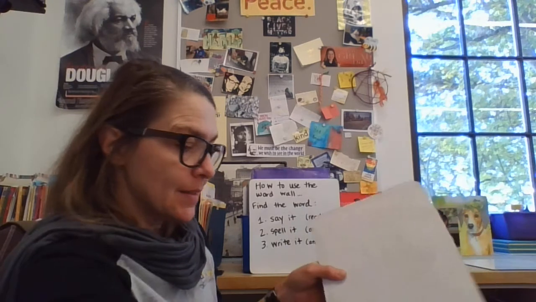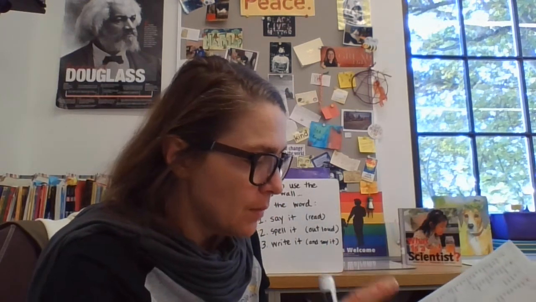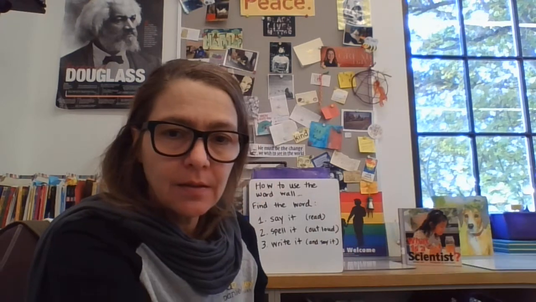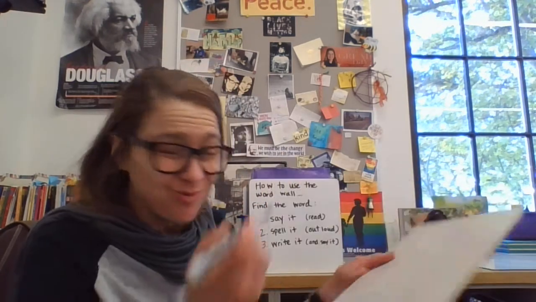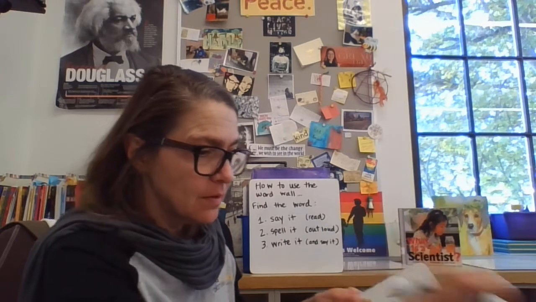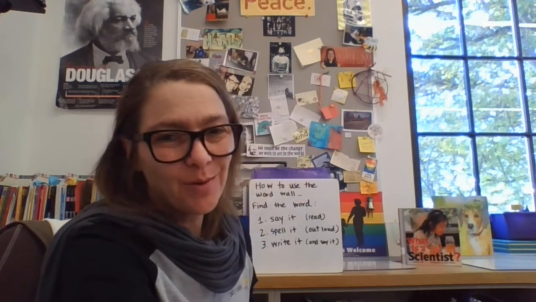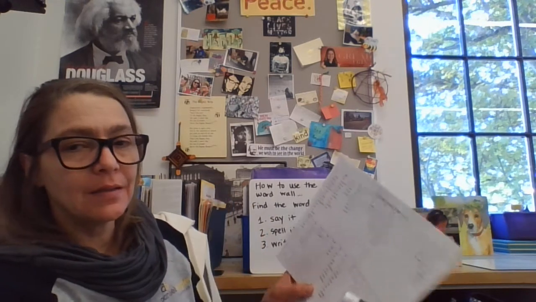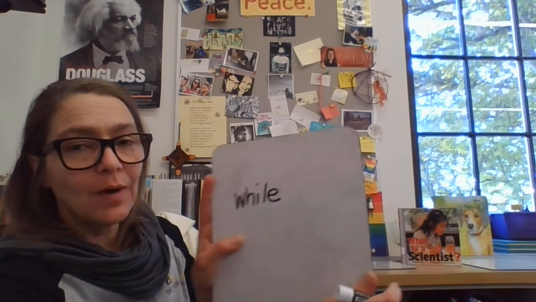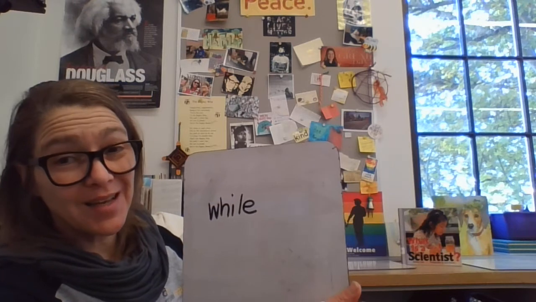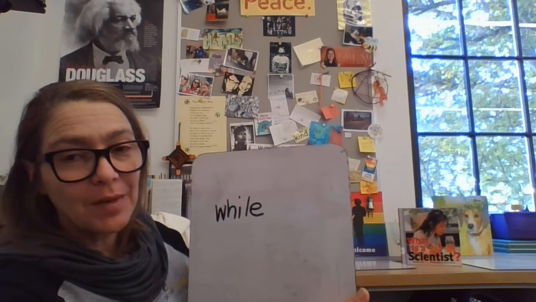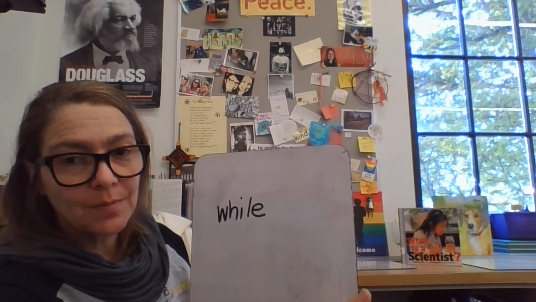So the next step is spell it. W-H-I-L-E. And the third step is write it really quickly. Say it, while, spell it, W-H-I-L-E, write it, W-H-I-L-E. And while I'm writing it, I'm also saying it. So I'm hearing it three times.